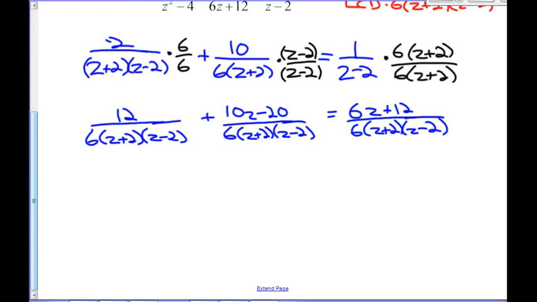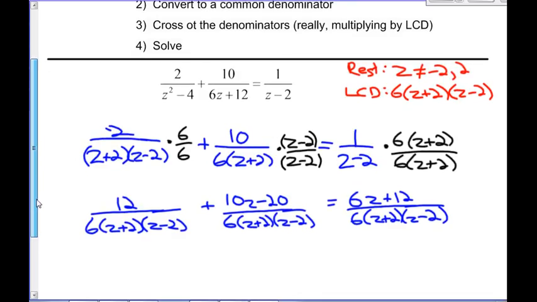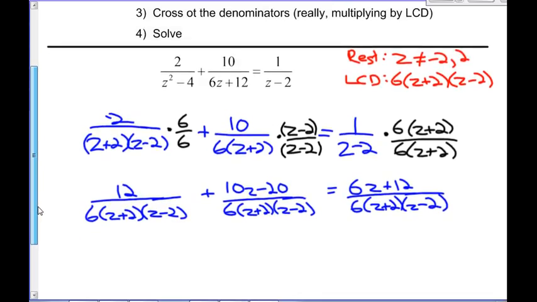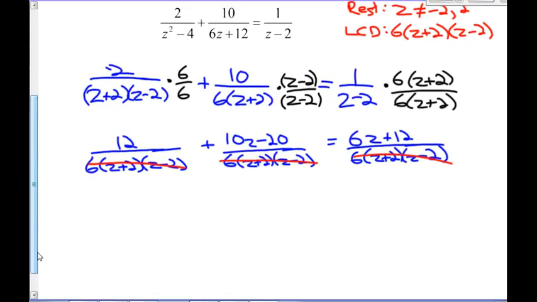Once we have that done, we're just going to cross out all our denominators. Now what's really happening when we do that is we're multiplying by the common denominator. So this only happens once we have a common denominator. And you can see what happens. We get 12 plus 10z minus 20 equals 6z plus 12.